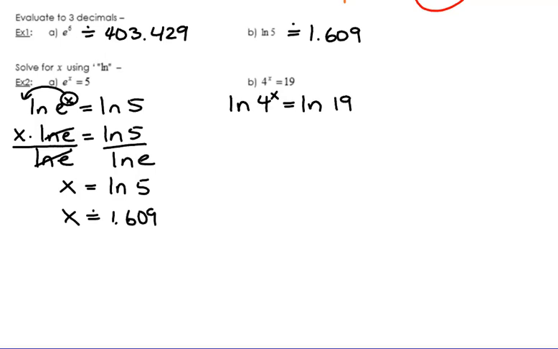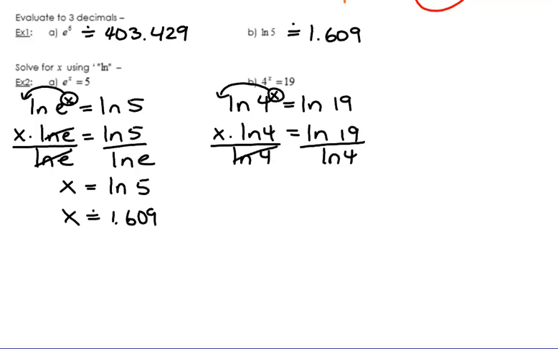So same thing. Bring the x down. x is going to multiply ln 4. Now I don't know what ln 4 or ln 19 is, so I'm just going to do the same thing I did on the other side and divide both sides. And so I get approximately 2.124.